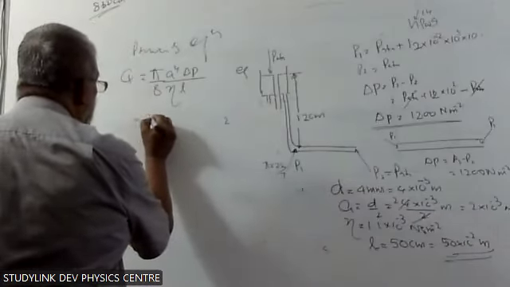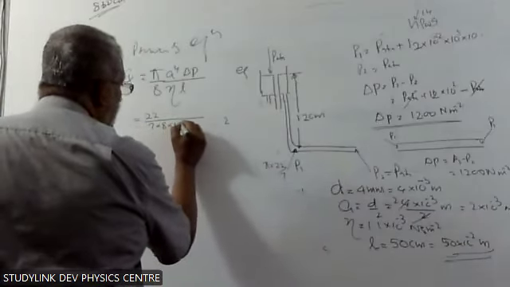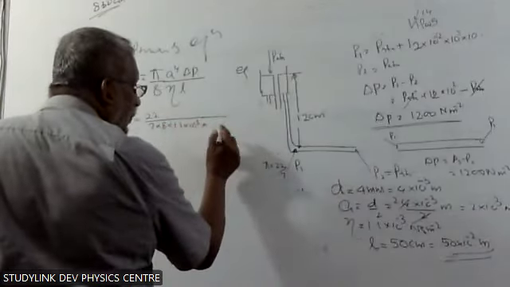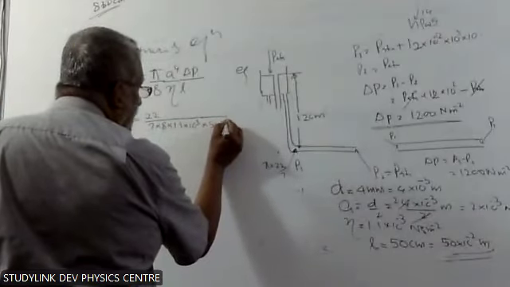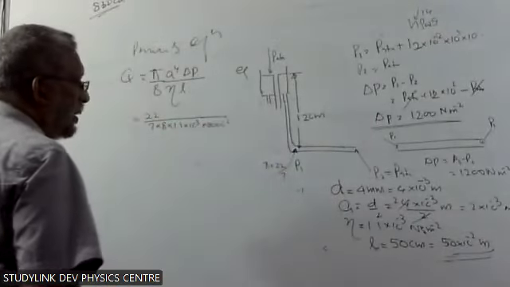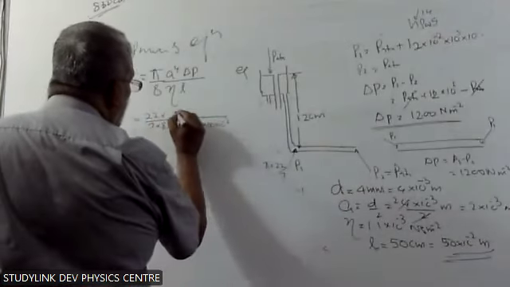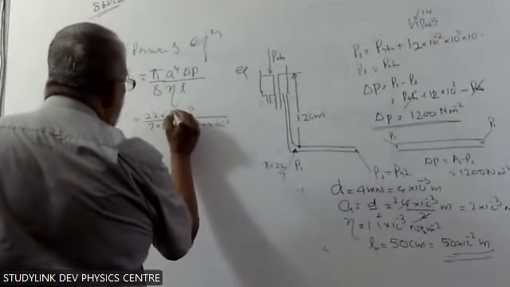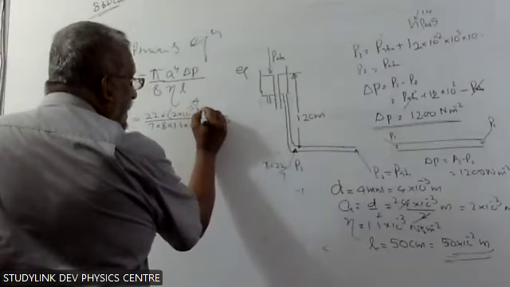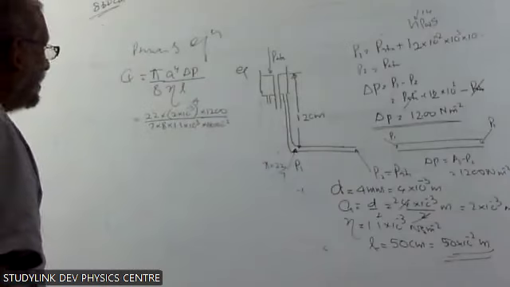This is called correct substitution. 7 into 8 into 1.1 into 10^-3 into 50 into 10^-2, then A is written as 2 into 10^-3 to the power 4. Delta P is 1200.